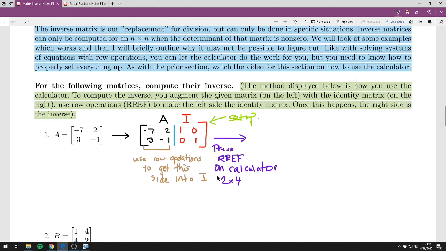What I want to go ahead and mention now is your calculator, if it can, will do this. If your calculator cannot reduce this side to the identity matrix, then that means there is no inverse.